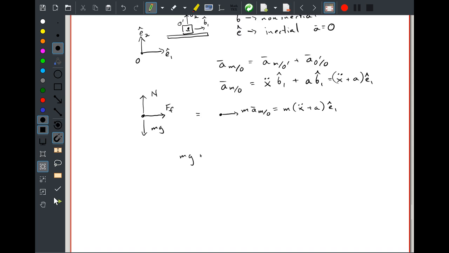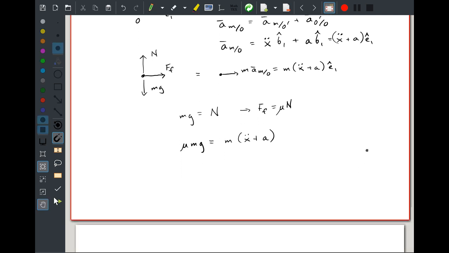So mg equals N, and our force of friction for Coulomb friction is going to be equal to mu times N. So that means our equation of motion is that mu mg is equal to m times x double dot plus our acceleration a.